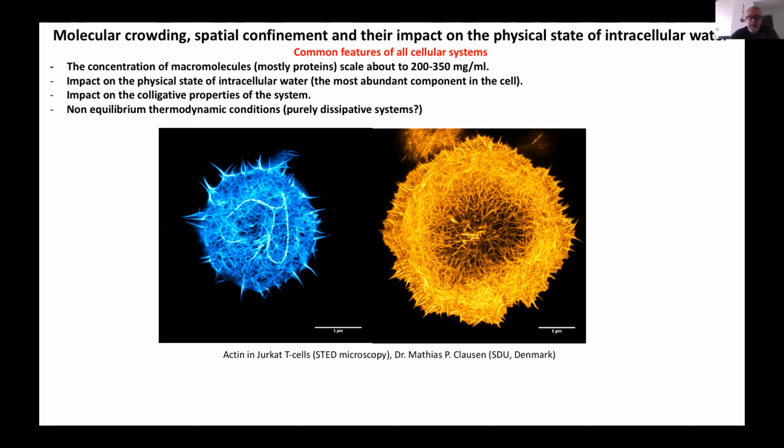This is also illustrated by a very beautiful experiment that Matthias Clausen did in Denmark, where he labeled actin in the cell. Actin is one of the many proteins that exist in the cell, so you can get an idea about the crowding effect here.